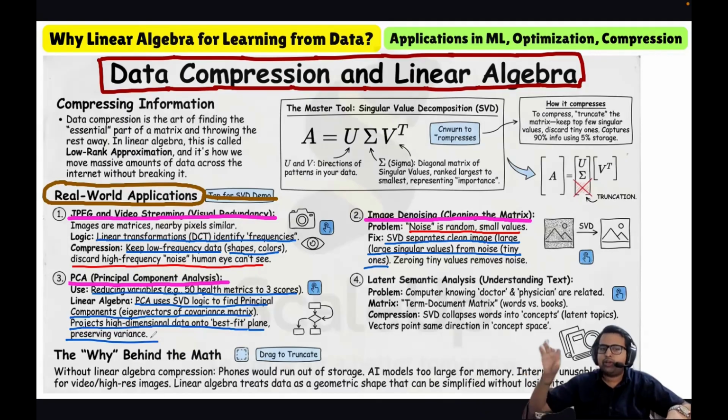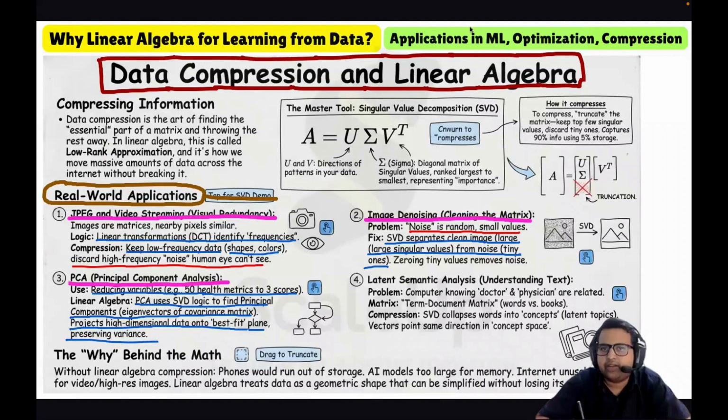Out of that, only the top 3 or 4 features will be relevant, containing the maximum amount of information, preserving the variance. And we just make use of that. In this way, we are eliminating unnecessary features.